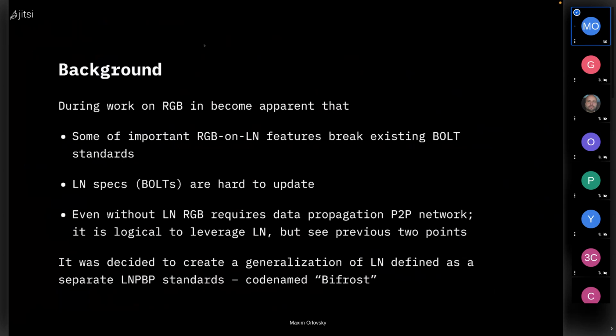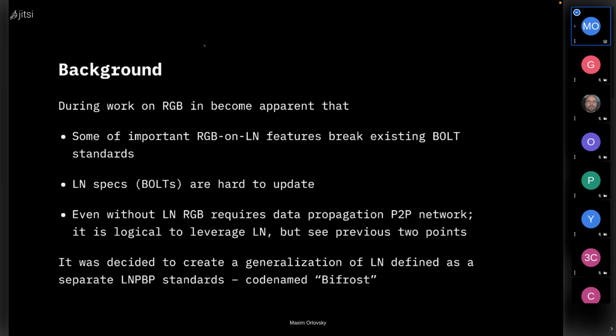During our work on RGB, it became apparent that some important functionality for RGB Lightning Network in fact breaks with existing Lightning Network standards, named BOLT.